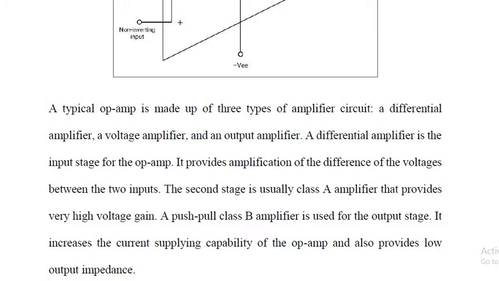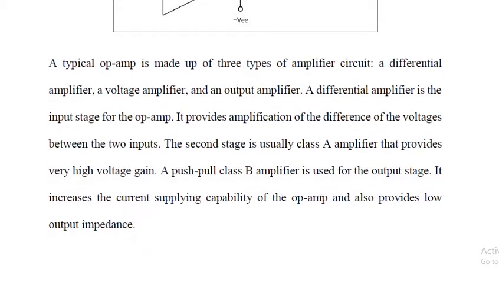What is impedance? It is nothing but resistance. So this output amplifier increases the current supplying capability of the OpAmp, and it also provides low output impedance. That's all about block diagram of OpAmp.